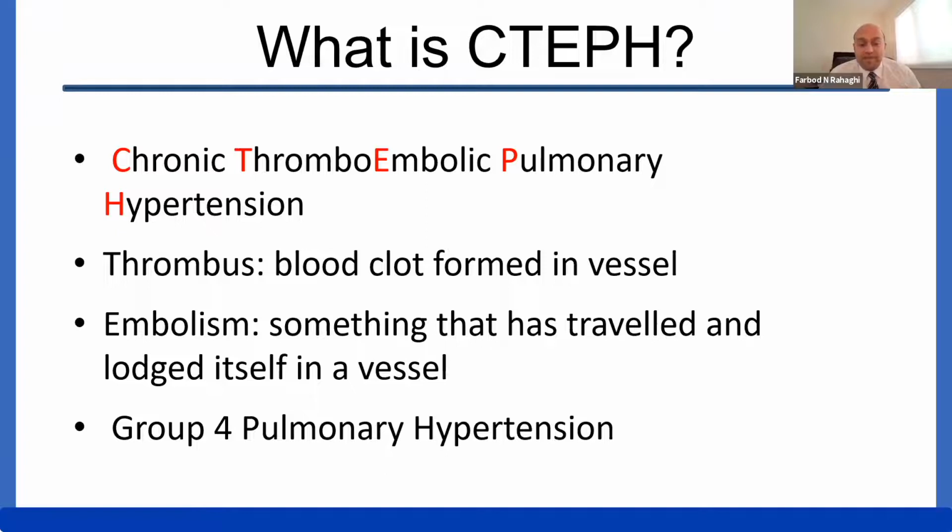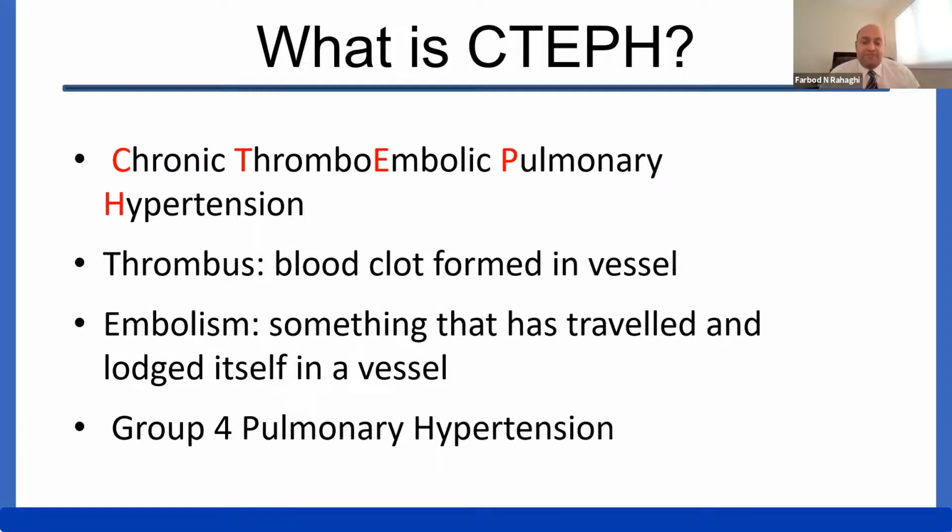The word thrombus, or the thromboembolic part, the first part stands for the blood clots that are formed in vessels. Embolism is something that basically has traveled and lodged itself in a vessel. So thromboembolic means that it's either a blood clot that's formed in the vessel or a blood clot that has formed somewhere else and has traveled and lodged itself in the vessel.